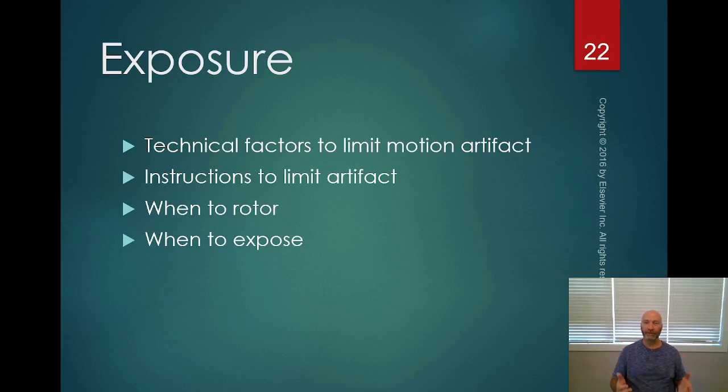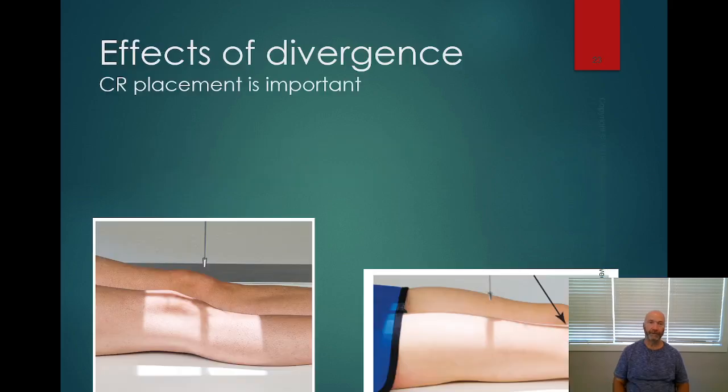So look at your patient before you make your exposure. You rotor up, but before you make your exposure, get eye contact with the patient and make sure that something hasn't happened that requires you to reposition the patient.